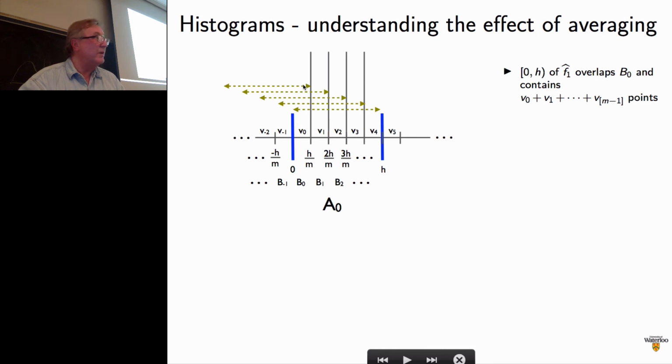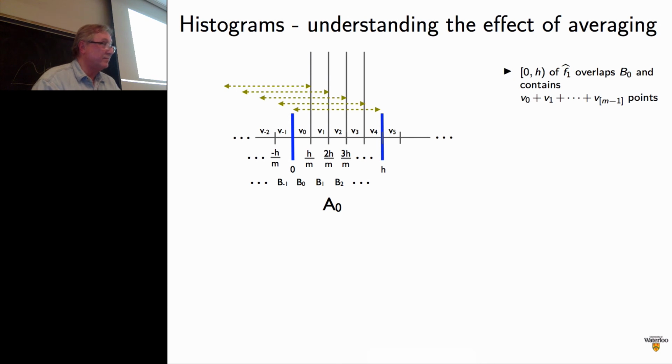So the count that goes into that is v0 plus v minus 1 plus v minus 2 plus v minus 3 plus v1, right? And similarly, if I'm shifted over 2, it's going to be v1 plus v0 plus v minus 1 plus v minus 2. And in one where we can actually see everything on here, this one is going to have v minus 1 through v3. That sum is what that histogram is going to be contributing.